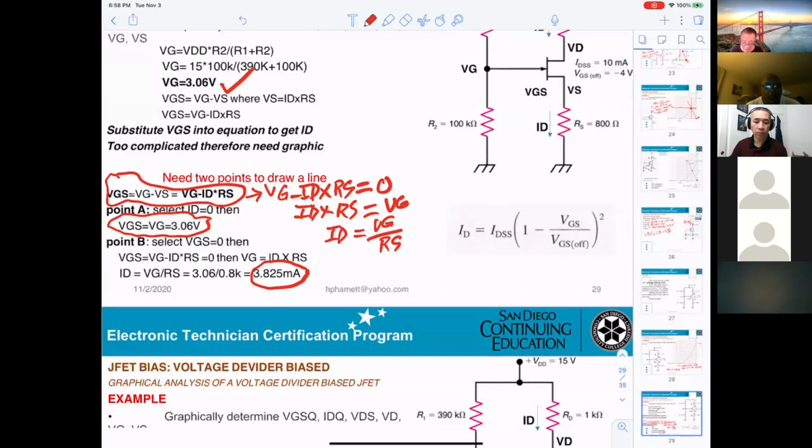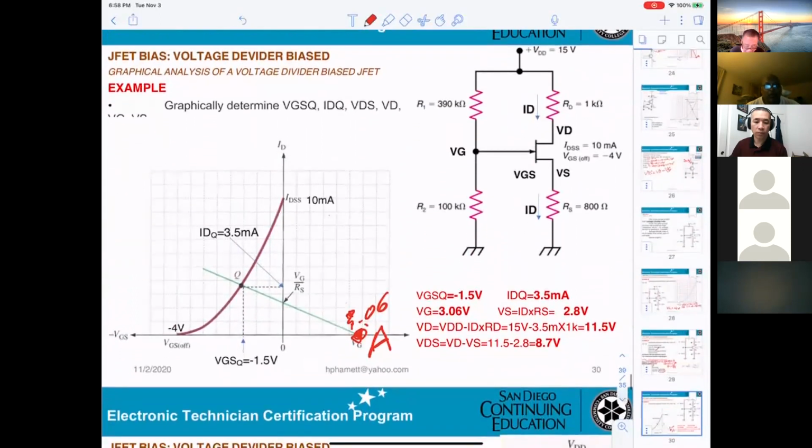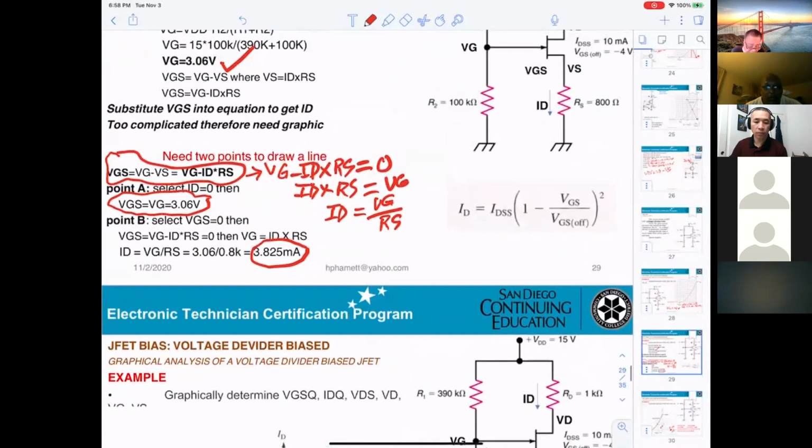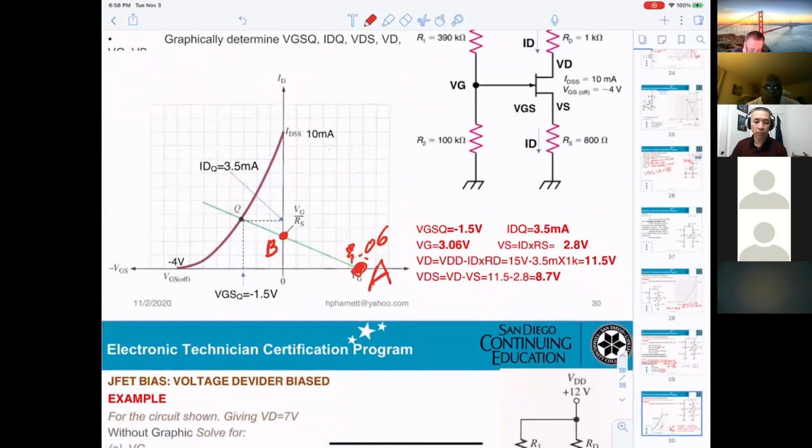Okay, so basically you get 2 points. One point here, A, and the point B will be right here. That value will be VG divided by RS. That's what we can get right here, VG divided by RS, 3.8. Then you can draw the line. They cut the curve right here.